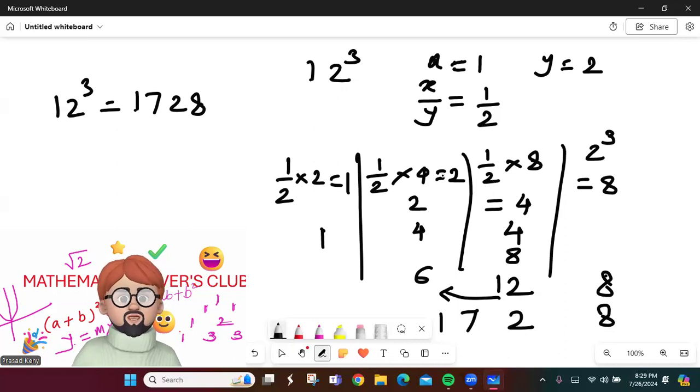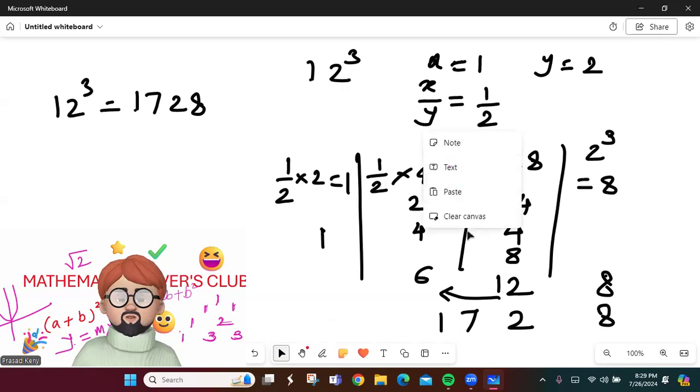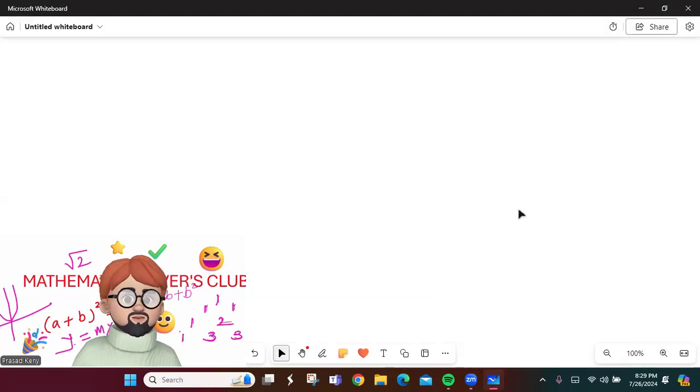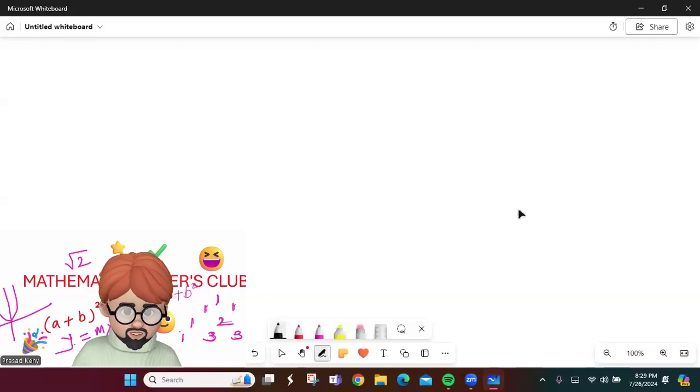So now I will give one problem here. Try to do it, and one of you please come on the board and show your solution. So this is a problem for you, 42 cube.